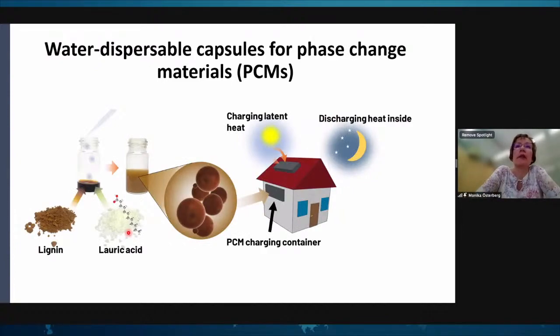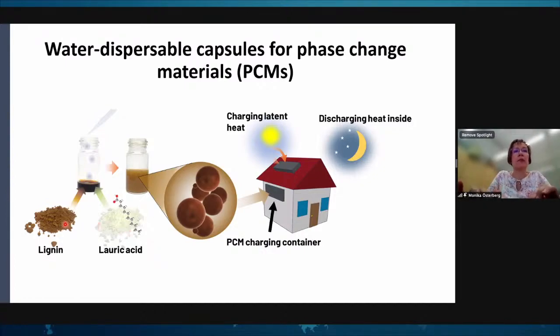Okay, another example of using hybrid particles is to make these water dispersible capsules for phase change materials. So here we wanted to use also natural phase change materials. So we used different fatty acids, for example, lauric acid or tall oil fatty acid.